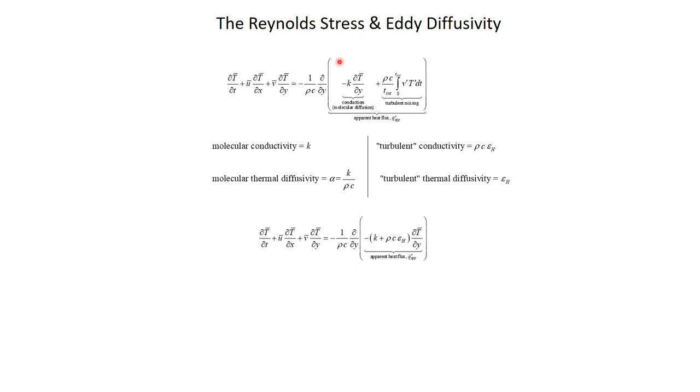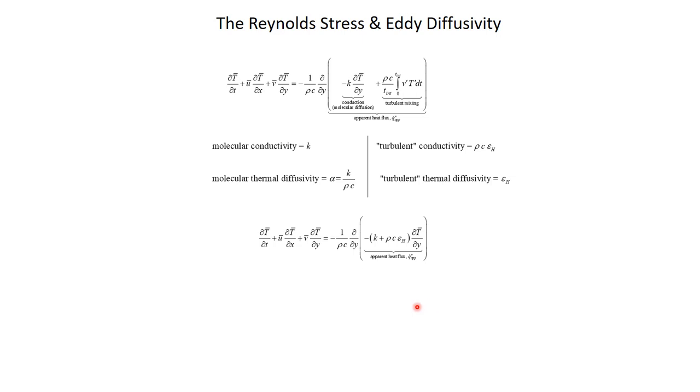And so I can take this last term here, which is the diffusion of energy related to both molecular diffusion and turbulent diffusion. I can take that last term and I can express it as an apparent heat flux, right? So it's the sum of the molecular diffusion and the turbulent mixing. And basically all I'm doing here is adding those two conductivities together to get me a total conductivity of the fluid.